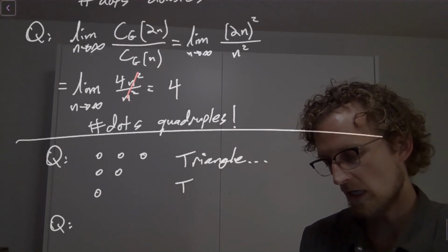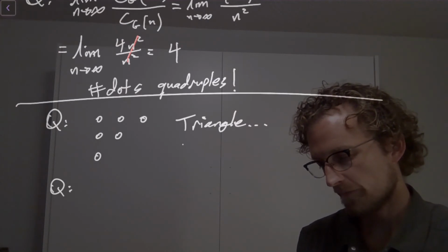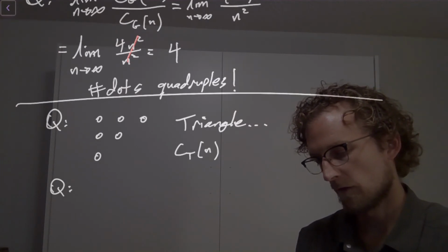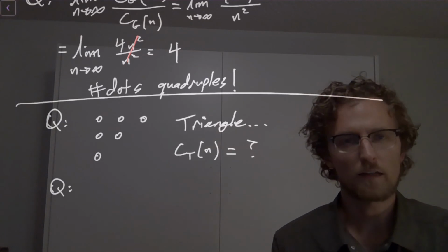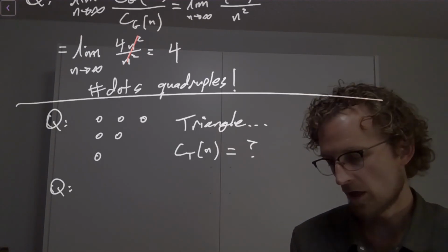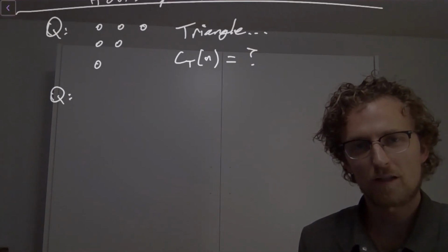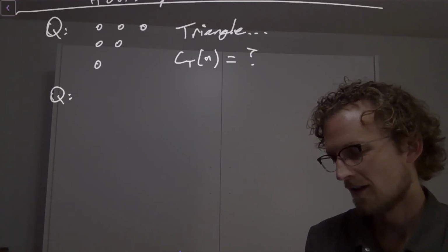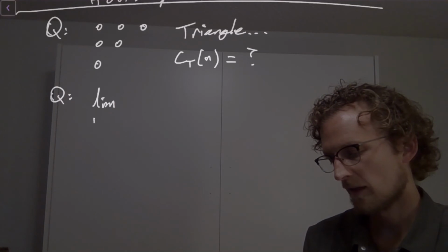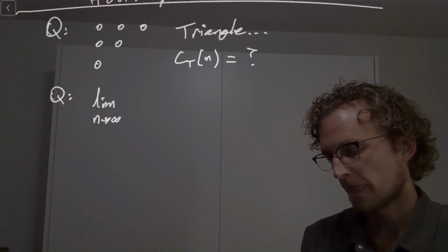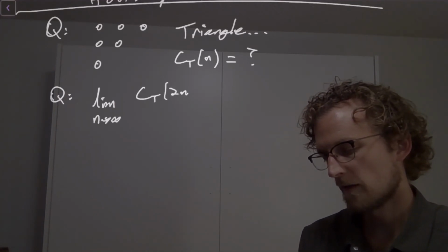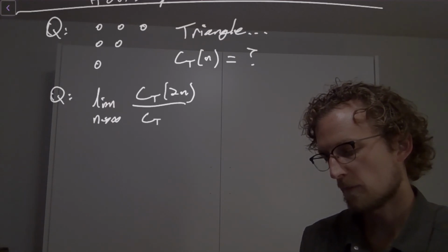So I'll use CT of n. So first I have to ask how many dots are there in a triangle of dimension n. But then I have to ask, how does this change? How does the number of dots change as I change n? So again, what is the limit as n approaches infinity of CT of 2n over CT of n?